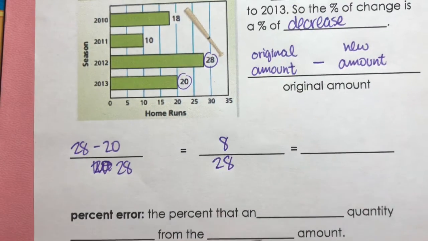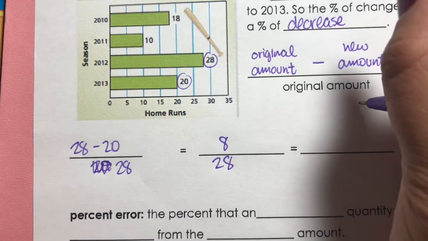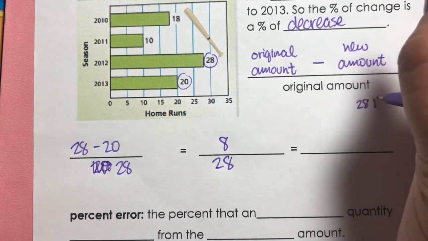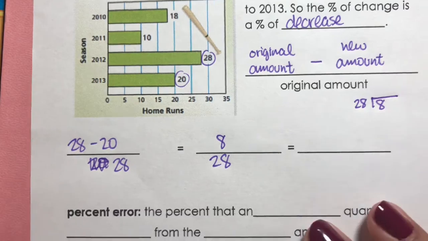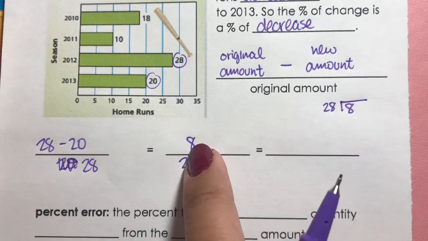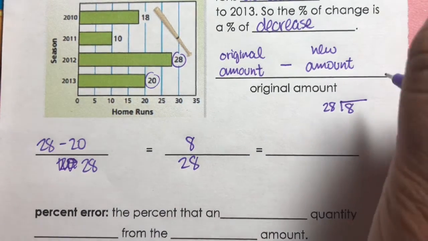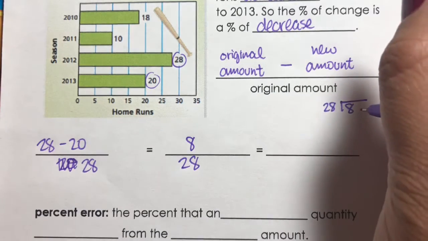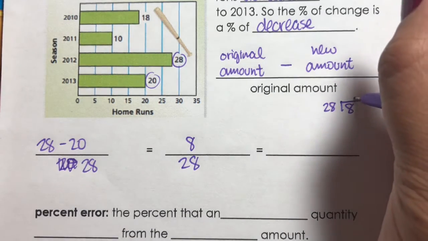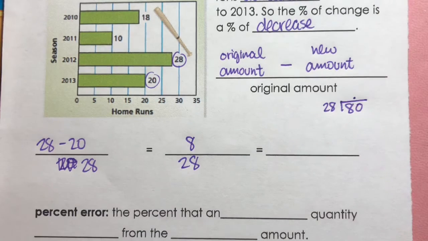Okay, so let's divide 28 into 8. Let's see how many times it can go into 8, because remember, it's the numerator divided by the denominator. So 28 can't go into 8, so we gotta put a decimal, add the 0.